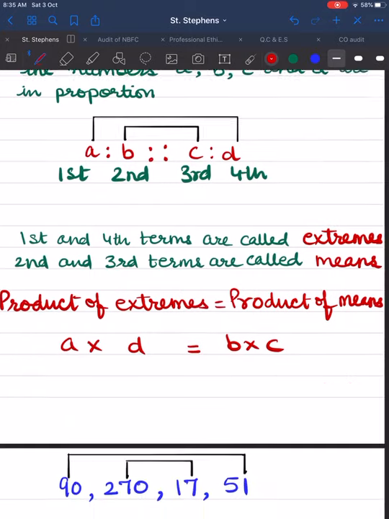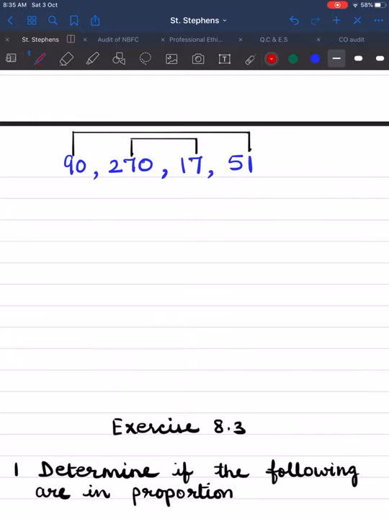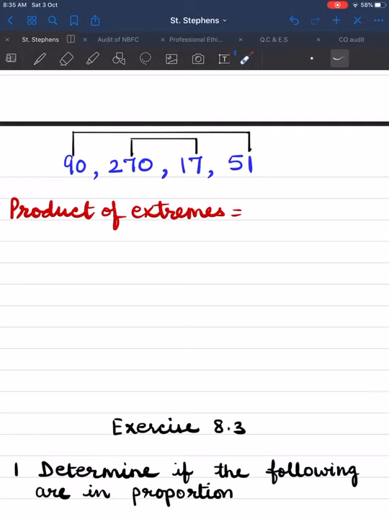Now let's find out whether the given numbers are in proportion or not. So for numbers to be in proportion, the product of extremes is equal to the product of means. So let's find out the product of extremes. For finding out the product of extremes, we have to multiply the first and the fourth terms. So here we have 90 into 51 and we get 4590.